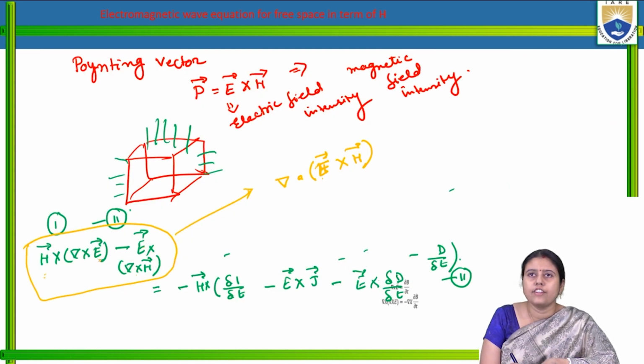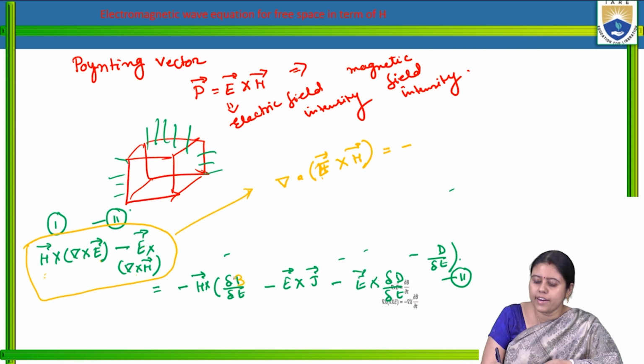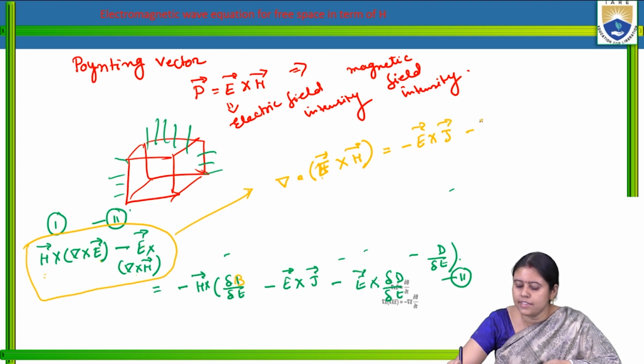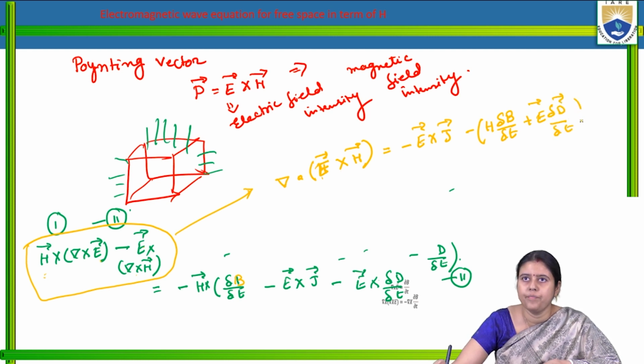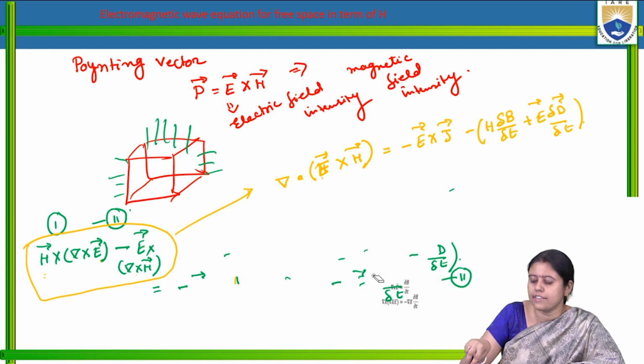So here the first one must be E and the second one must be H, is equal to minus E cross J minus H del B by del T plus E del D by del T. We got this equation.